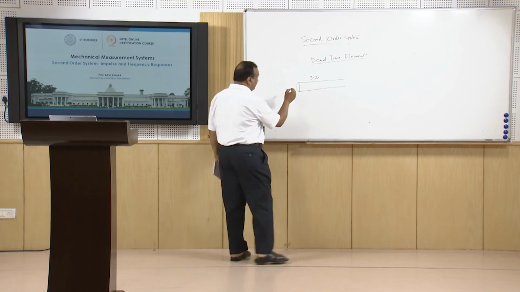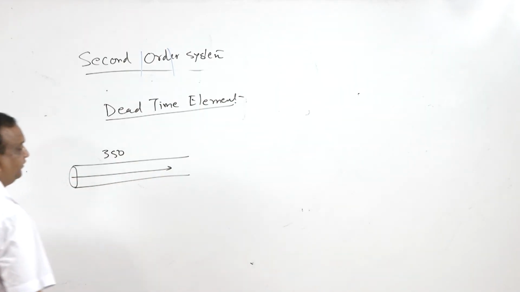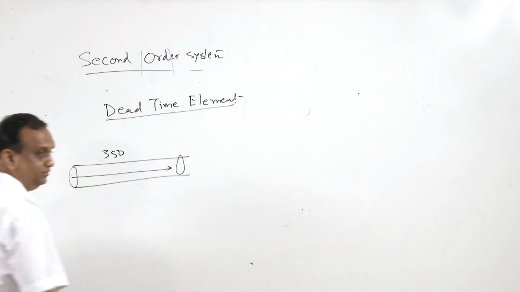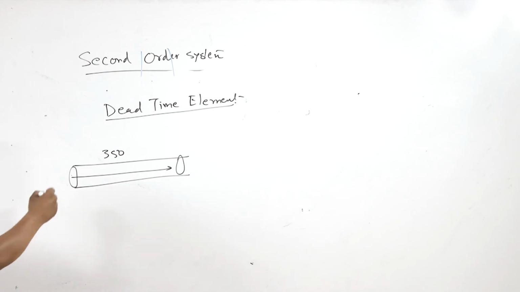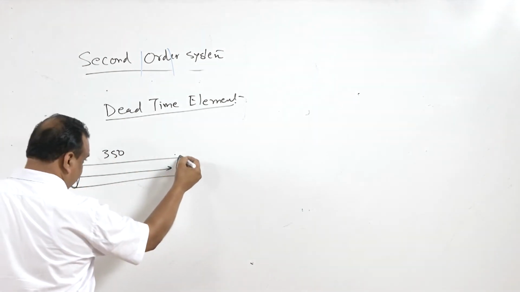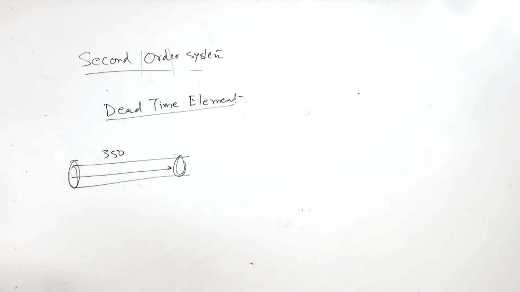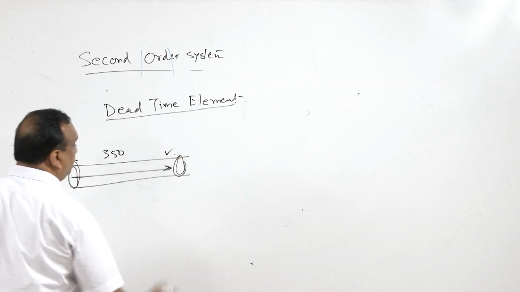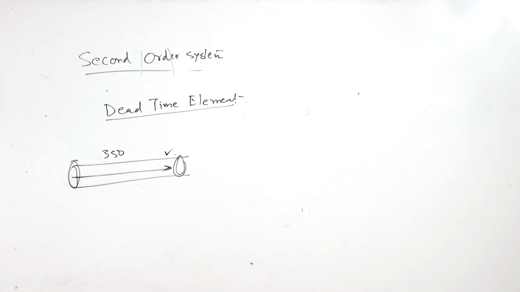When the pressure pulse moves, suppose it moves with the velocity of sound, after 1 second you will be hearing exactly the same sound. There is a time lag, but we are getting exactly the same input. As I said earlier, the nature of the signal should not be distorted. So the nature of the signal is not distorted, but we are getting the signal after a pause. This is known as dead time element.